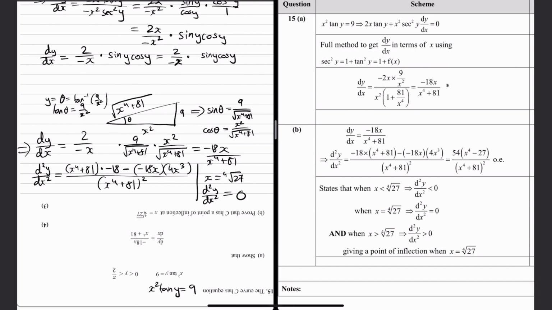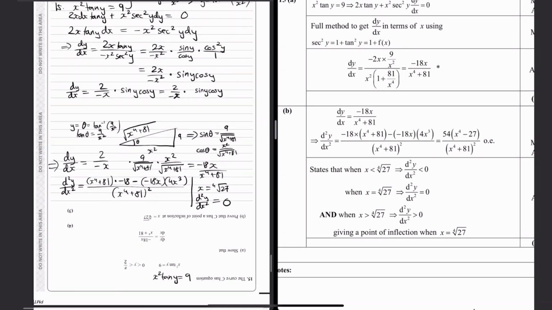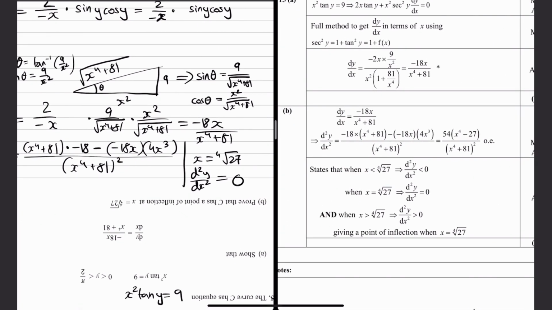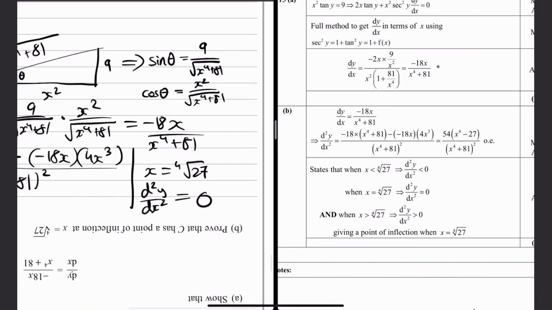So basically that's showing that it's changing, but otherwise it could just be a turning point and not a point of inflection, if that makes sense. So you need to show both of those, and only then do you get the accuracy marks. You need to show it's not a turning point. So that is another -1.